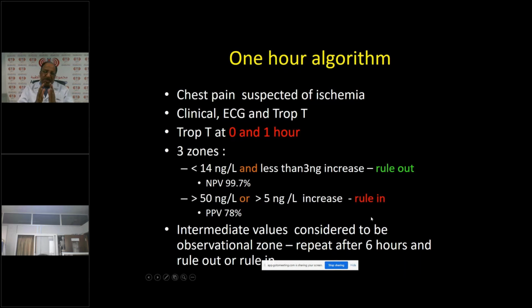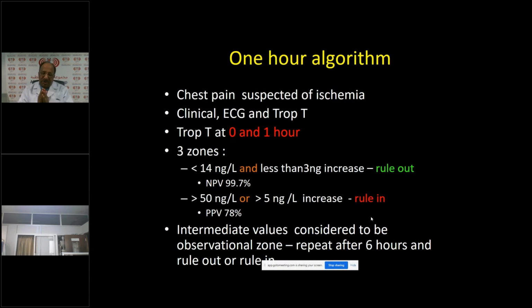So if the patient comes after 3 hours of chest pain, if it is less than 5 nanogram, a single value is enough to rule out. If it is 5 to 14 nanogram, then you have to do it again at 1 hour. And if the increase is less than 3 nanogram, then it is ruled out.